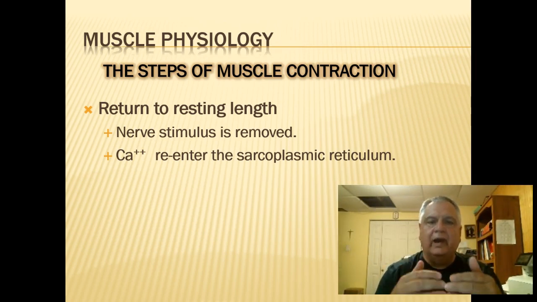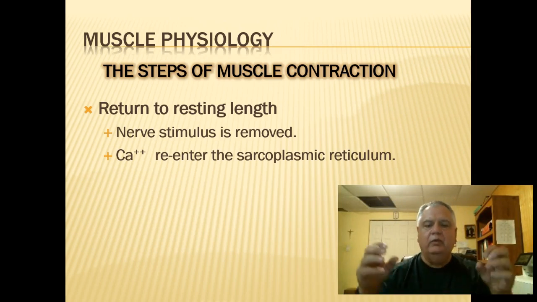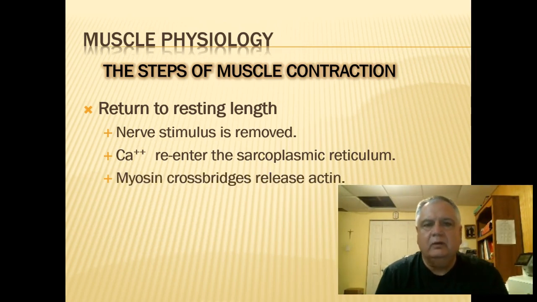As a result, when the action potential is removed, there's nothing short-circuiting the calcium pumps in the sarcoplasmic reticulum cisterns. The pumps kick back on and pull the calcium back out of the sarcoplasm. The calcium detaches from the troponin and re-enters the sarcoplasmic reticulum.